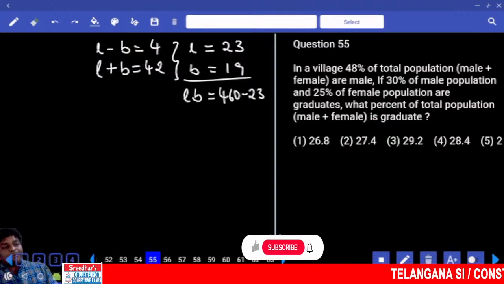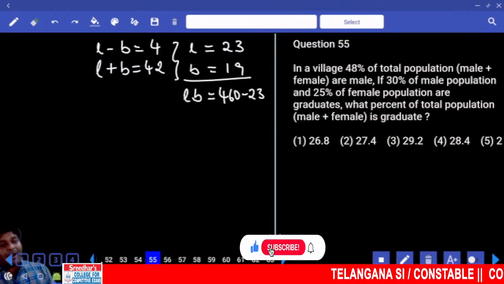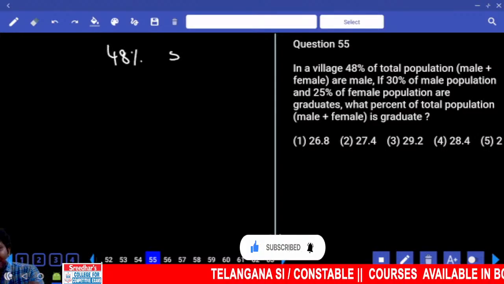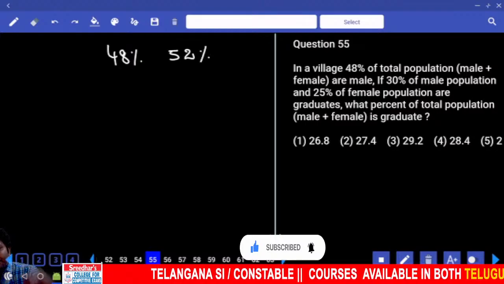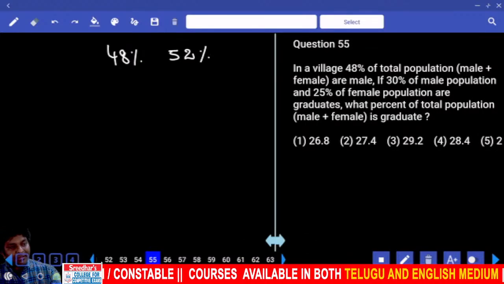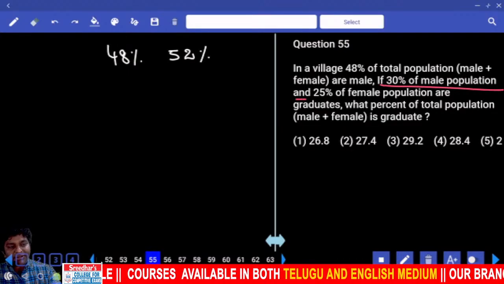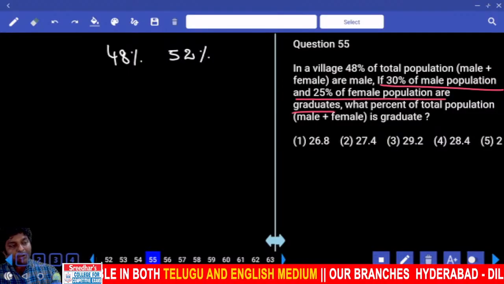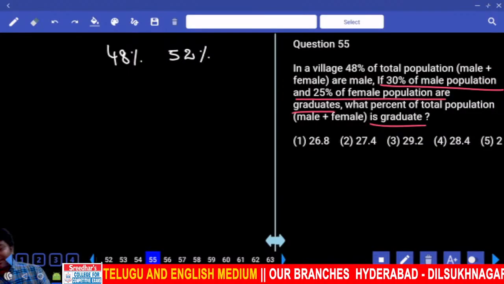In a village, 48% of the total population are male. If 48% are male, that says remaining 52% are female. Universal statement. If 30% of the male population and 25% of the female population are graduates, what percent of total population is graduate?